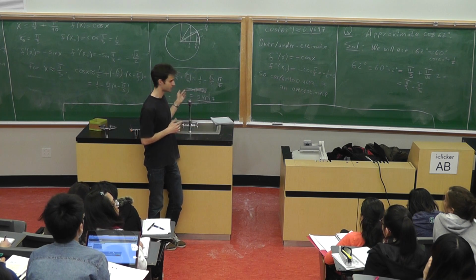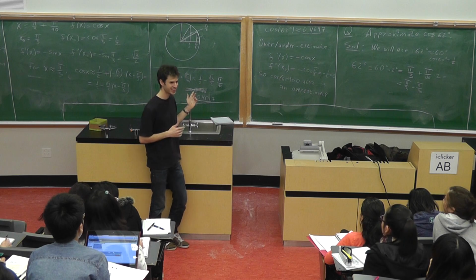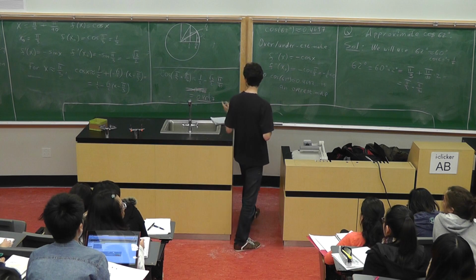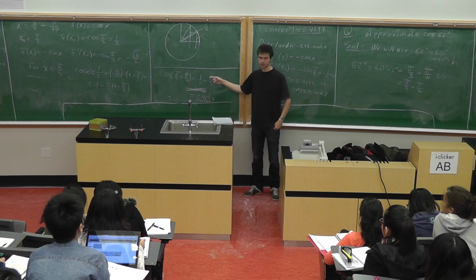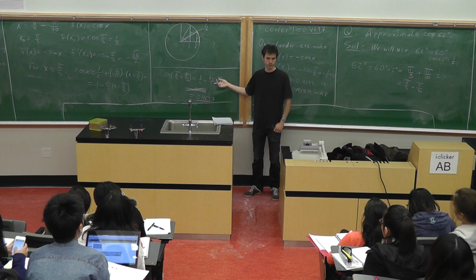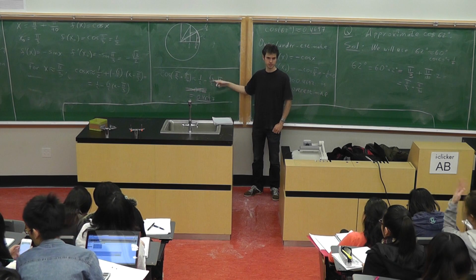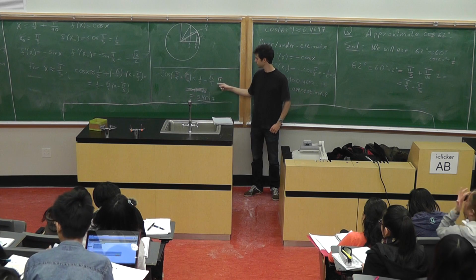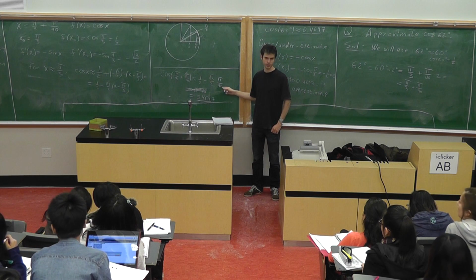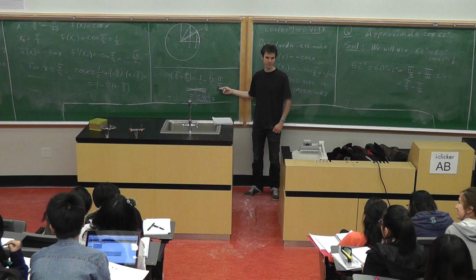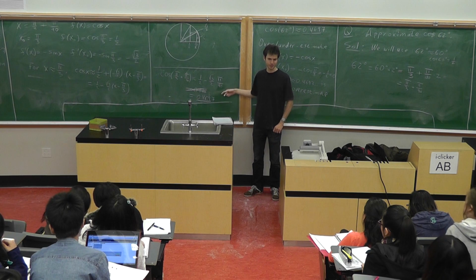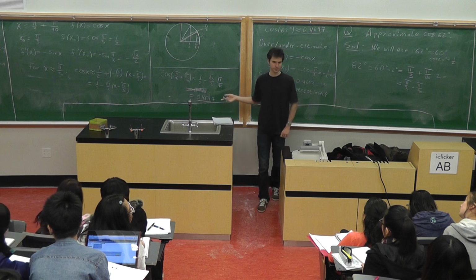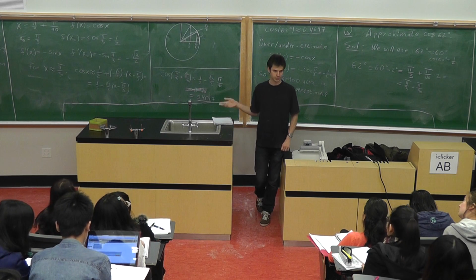Well, first of all, I did it incorrectly. I thought, well, square root of 3 is about 1.7, pi is about 3, the product is about 5, the denominator is 180. 180 is about 200, 5 over 200 is 1 over 40.